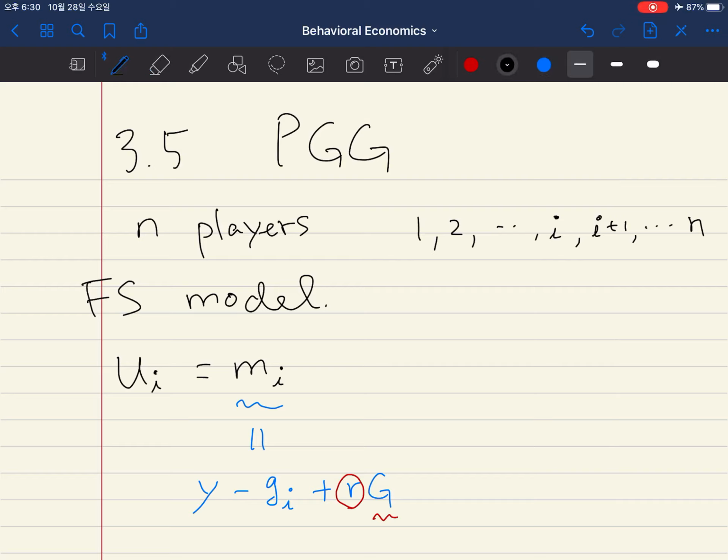So here Mi represents user payoff in public good game without punishment. And in FS model, we have to think about inequality. So first we can think about envy part. So here comes envy parameter alpha.